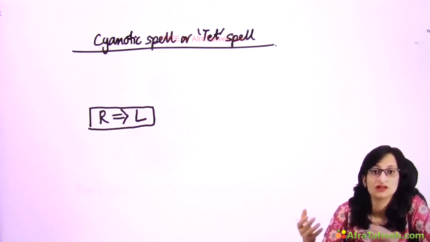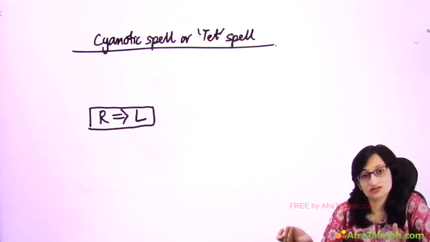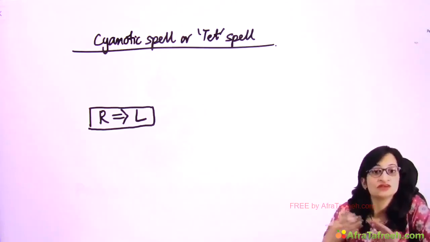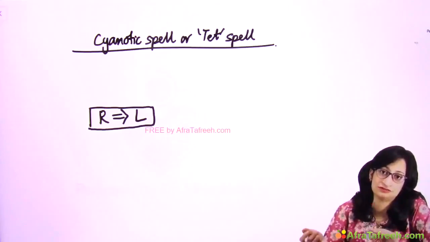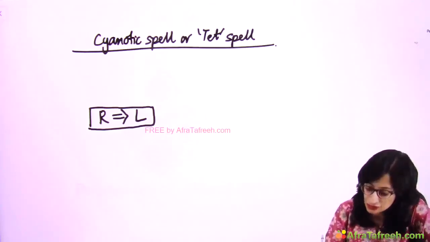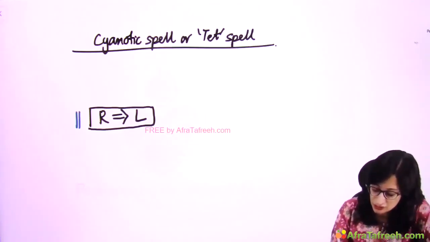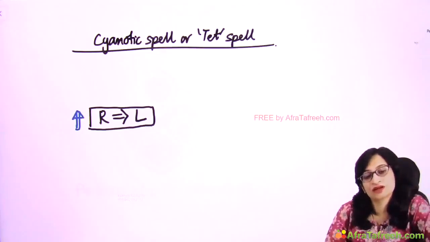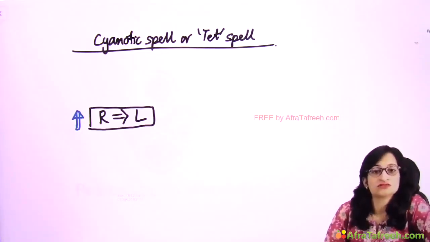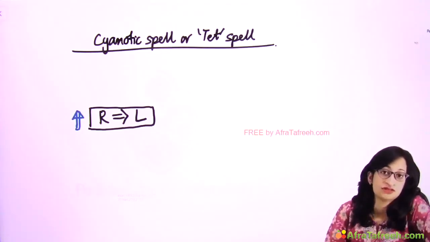Okay. Now, due to any condition, if this right to left shunt further increases, then that gives rise to a cyanotic spell. Now, what is the situation in which this right to left shunt can further increase?